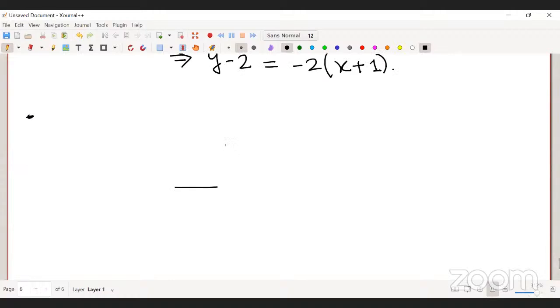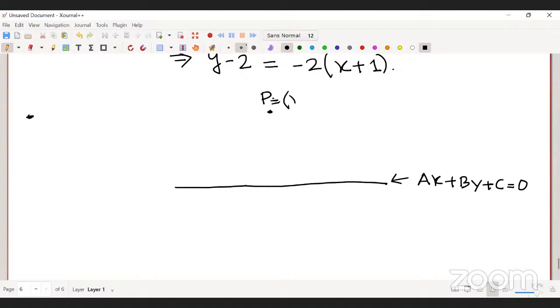Suppose one line is given, let's say ax plus by plus c equal to 0, and I have a point somewhere here, let's say x1, y1. What I want to compute is the perpendicular distance between this point and this line.